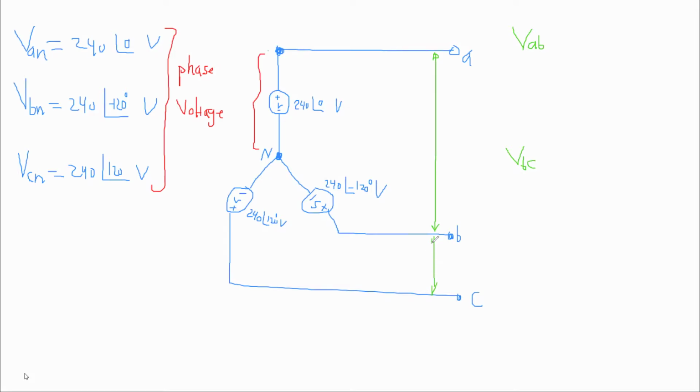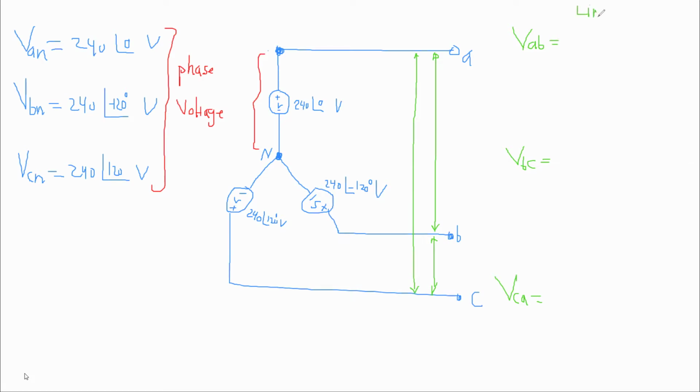Then we keep the same order: there is a voltage between C and A. Those voltages we call line voltages.